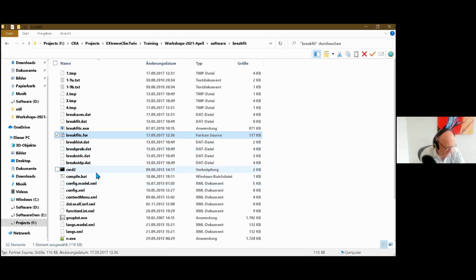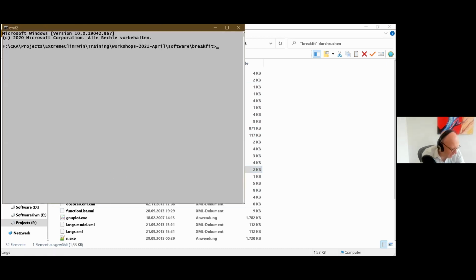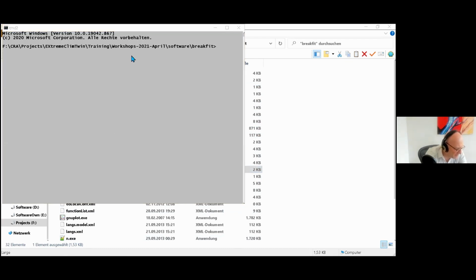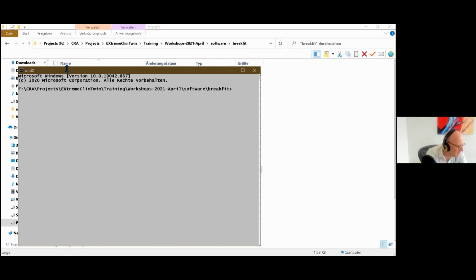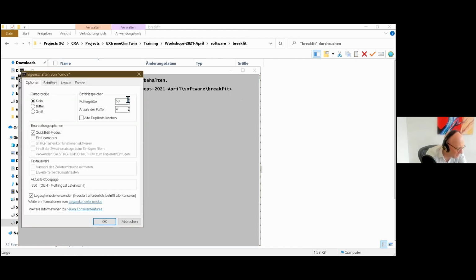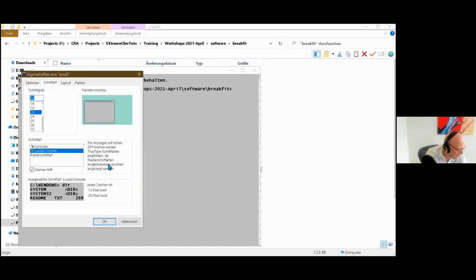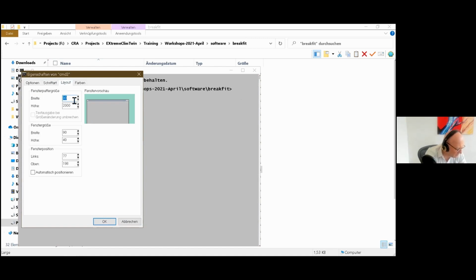Okay, now let me double click the command line, and then we run breakfit, and the data file is that one, okay? So I will now click here, now I double click. Okay, and then I'm again not happy with these, I want to have it bigger, so I have to do this stuff. I think I had 28, and also the layout should be bigger.